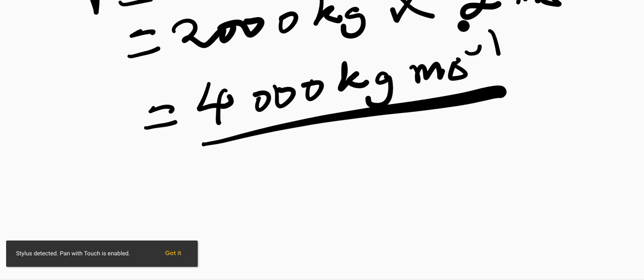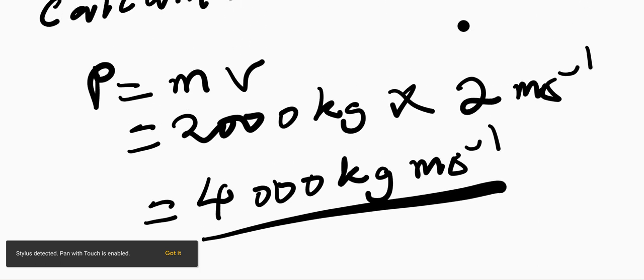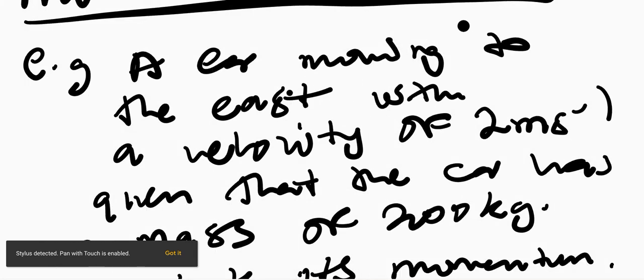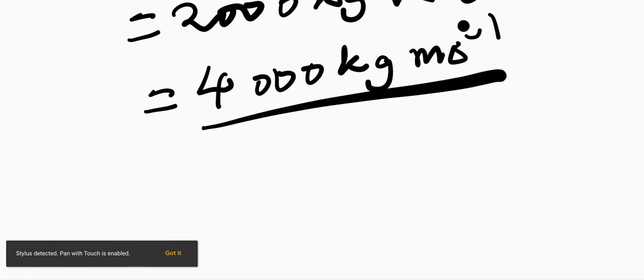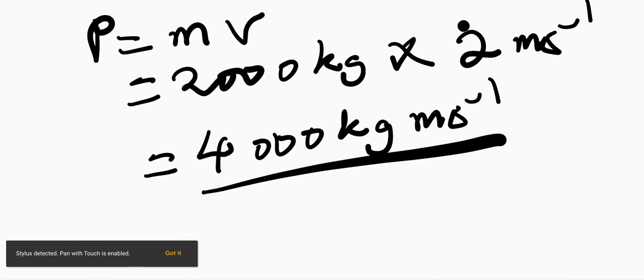But because we know that momentum is a vector, if you are dealing with a vector, after your calculation you have to specify direction, right? So you'll say 4,000 kg m/s, and you are told in your statement that the car is moving to the east. So you have to specify at the end of your answer that it is to the east, right?